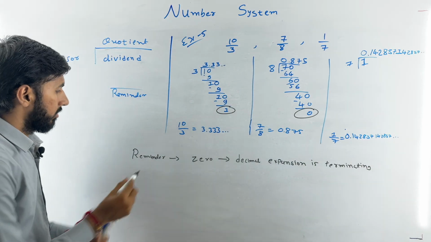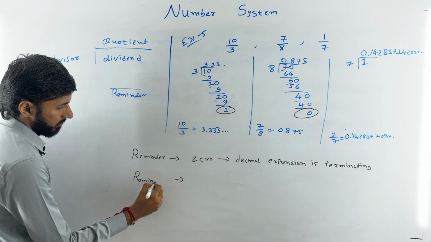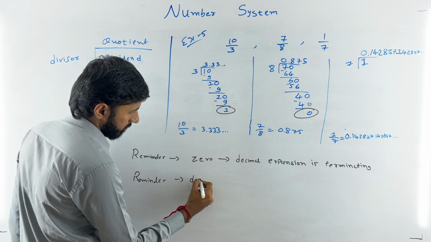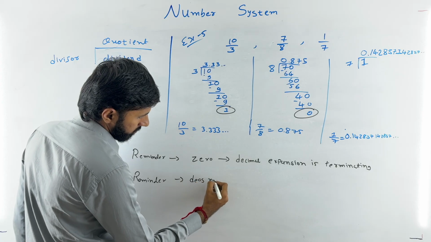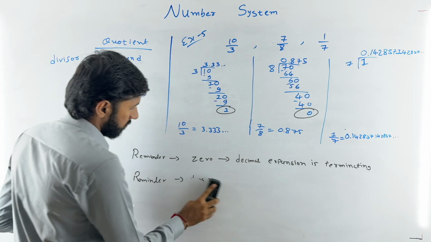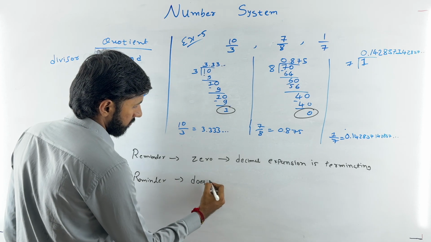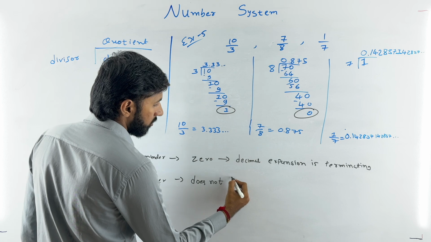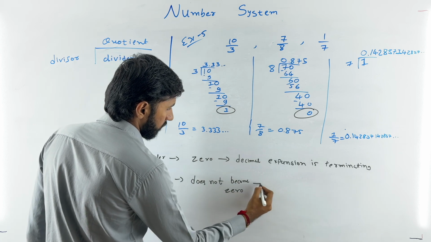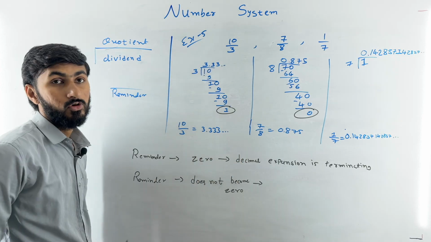right? And for the other, if the remainder does not become 0, that means the decimal expansion will go on to infinity.